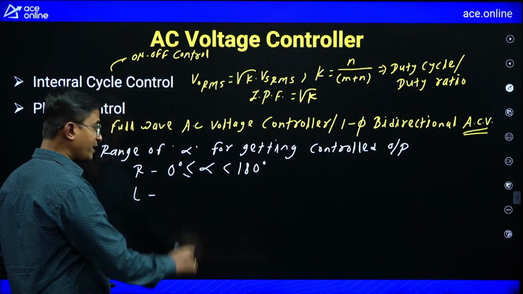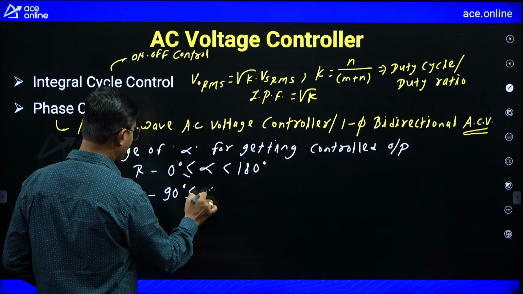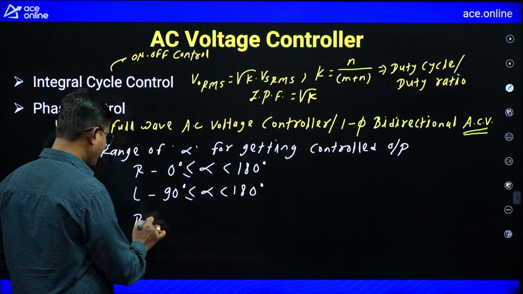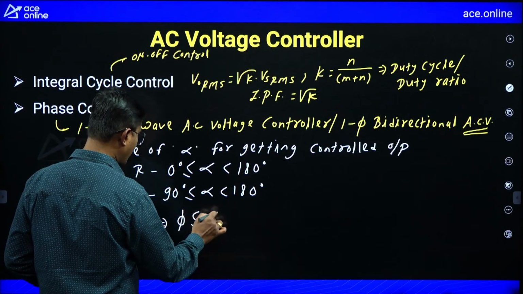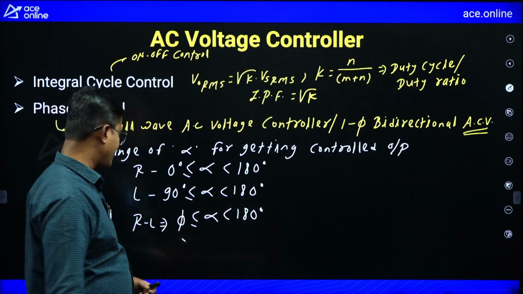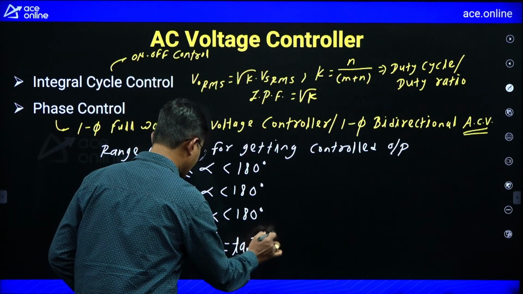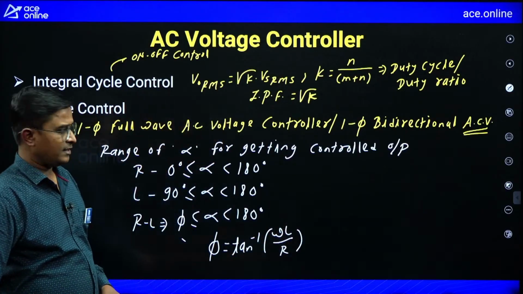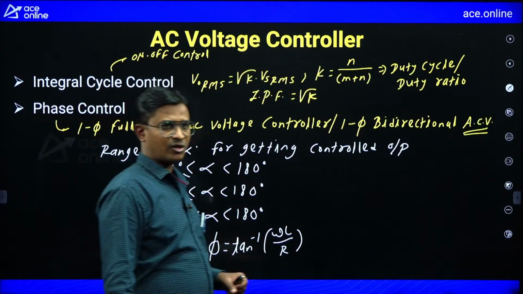If the load is purely inductive, the range of firing angle is 90 degree less than or equal to alpha less than 180 degree. And if the load is RL, then it is phi less than or equal to alpha less than 180 degree. What is phi here? Phi is tan inverse of omega L by R. So that is the range of firing angle for getting controlled output.